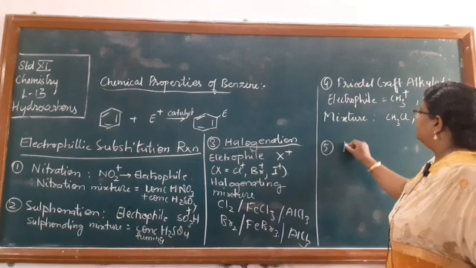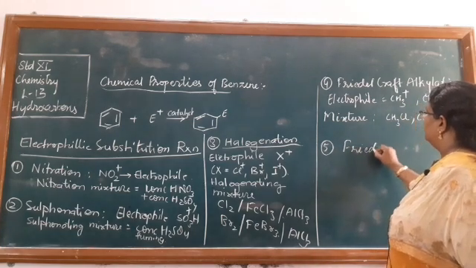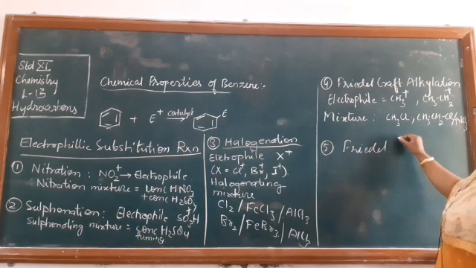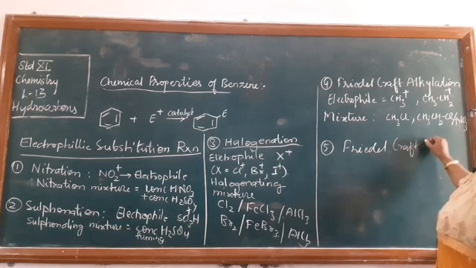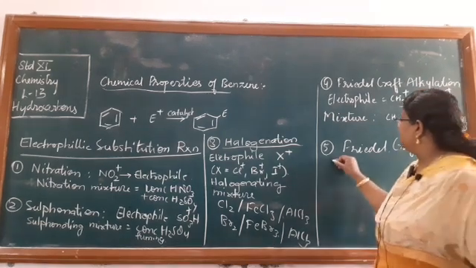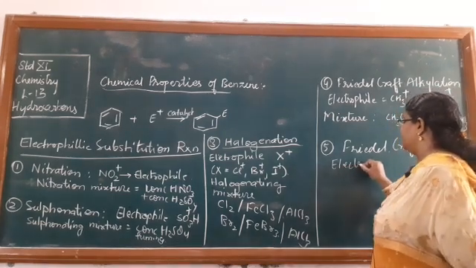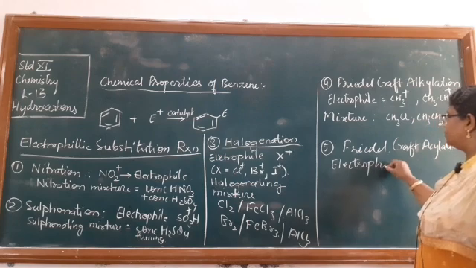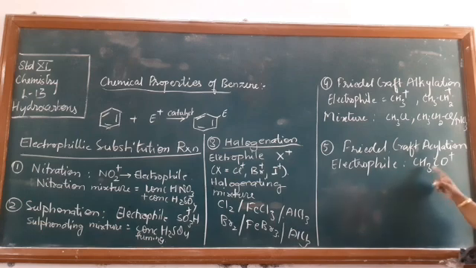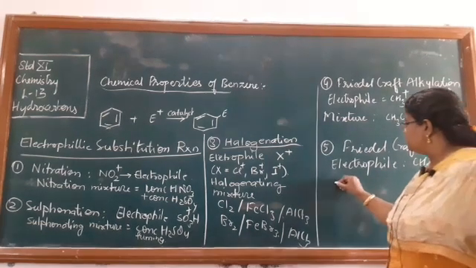Then you have the next electrophilic substitution reaction, which we call Friedel-Crafts acylation. Which is the electrophile generated there? The electrophile generated is CH3CO plus. How do you obtain the CH3CO plus?